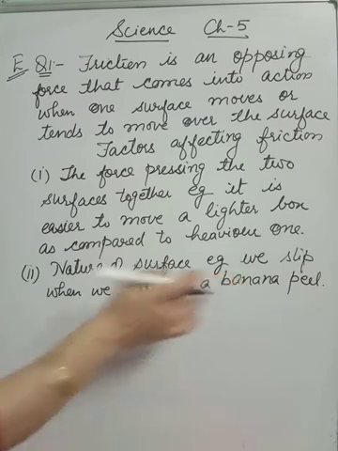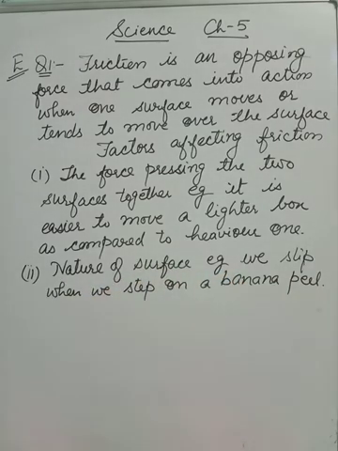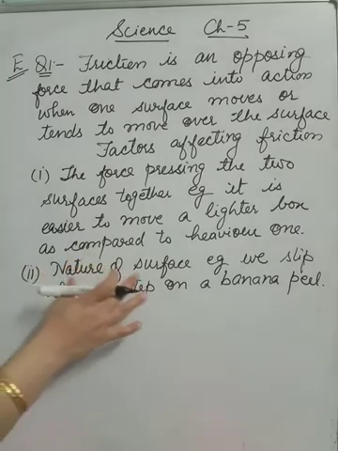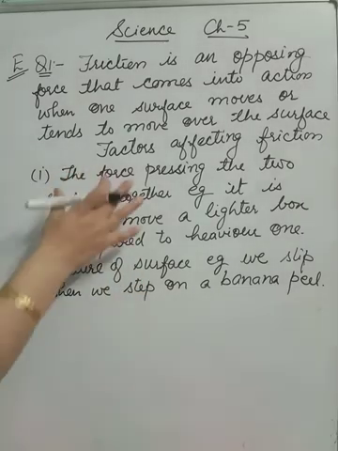Because, see beta, this banana peel makes the surface smooth, so we slip down. We skid because the surface is smooth, so we are not getting proper grip. So the force of friction depends on the nature of the surface. These are the two factors.